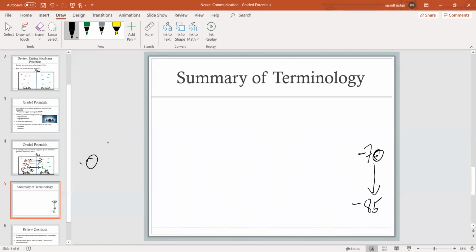We'll call this -85 millivolts, and let's move in this direction, and we will call this -55 millivolts. And just so you know, -55 is the specific value of threshold that I have mentioned. So at -55 is when we generate an action potential.